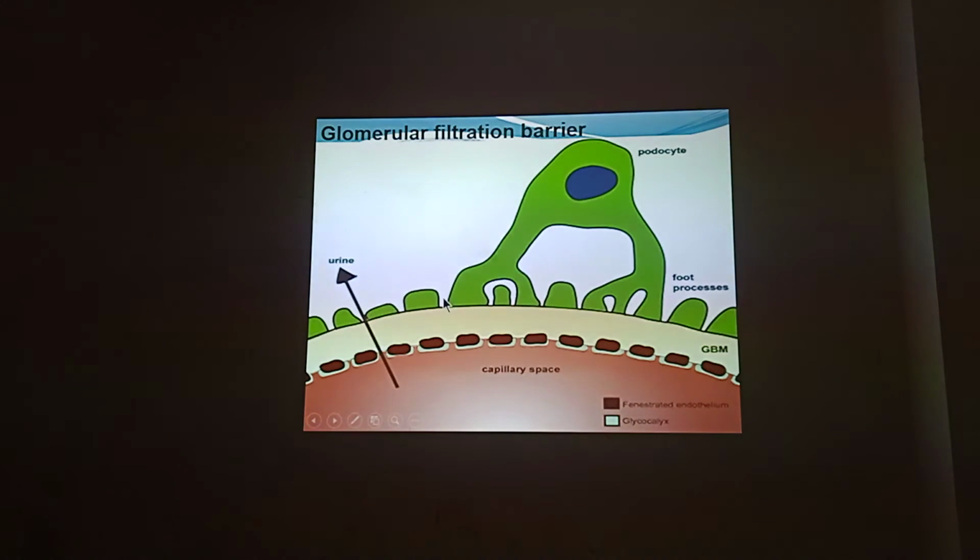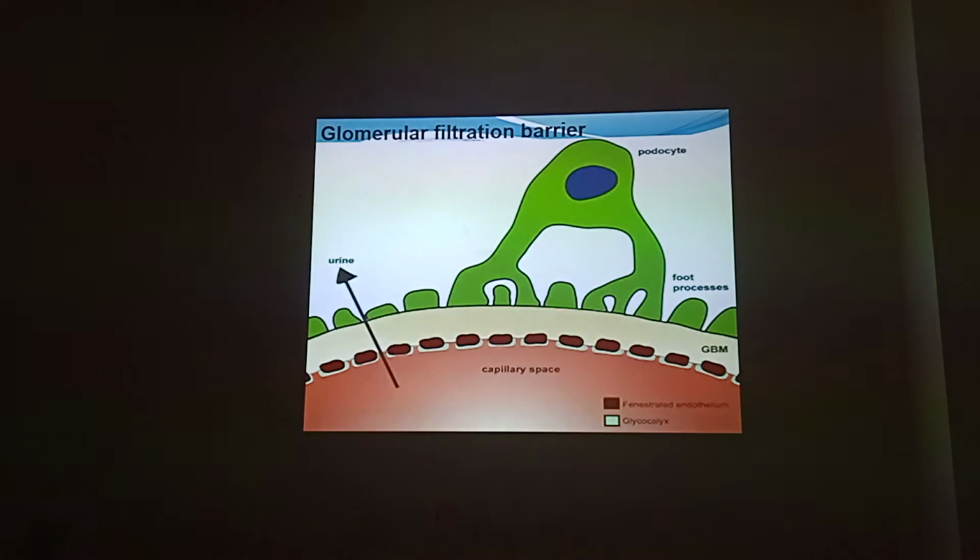Podocytes are just like, there is one body, and this is the primary process. This is the primary foot process, and this is the secondary foot process. These foot processes, like our fingers, are interdigitating with each other, but not completely. There is some space in between these digits, and it is covered by a thin membrane.